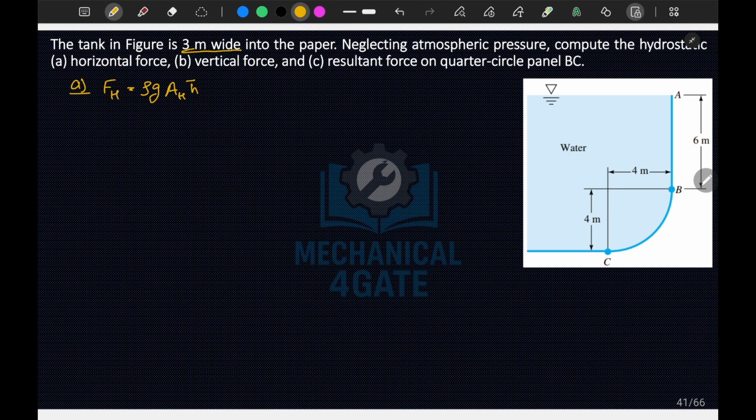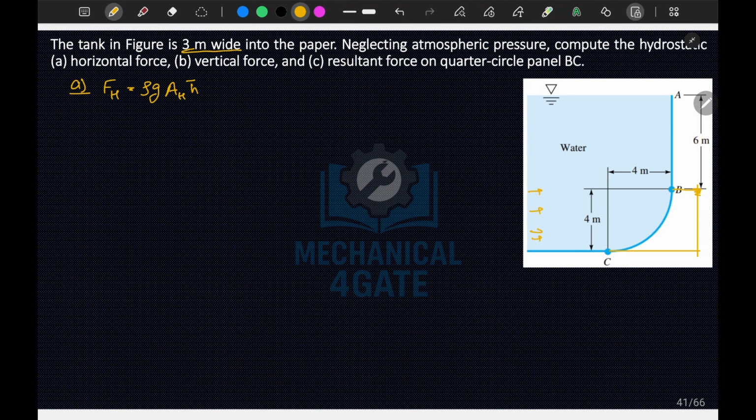Now the horizontal area, how will we draw it? The very simple principle is that we consider a plane, basically a screen, here, and we send light from this side. So it will indicate from this point up to this point.